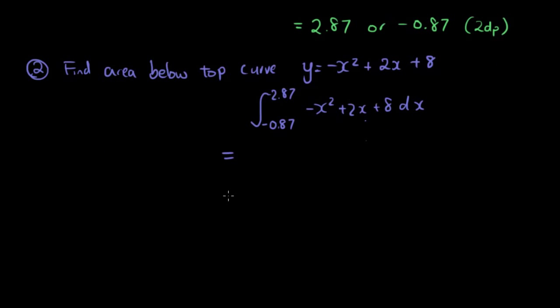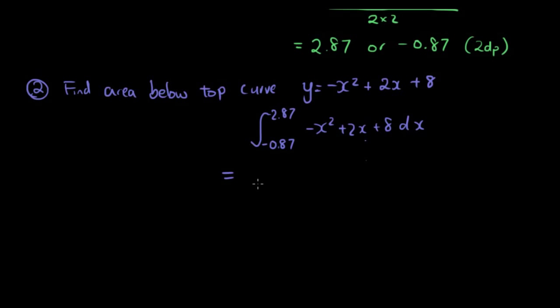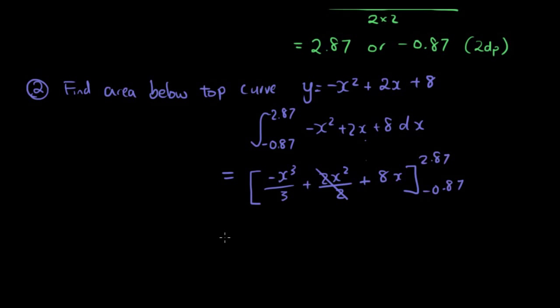This becomes, in square brackets, -x cubed over 3 plus 2x squared over 2, so this can cancel out, plus 8x, in square brackets, 2.87 on the top, -0.87 on the bottom.